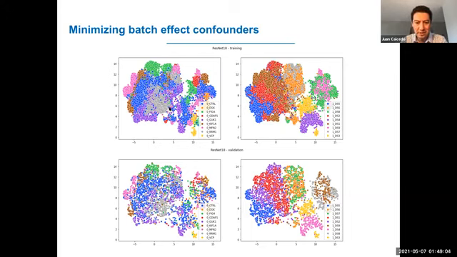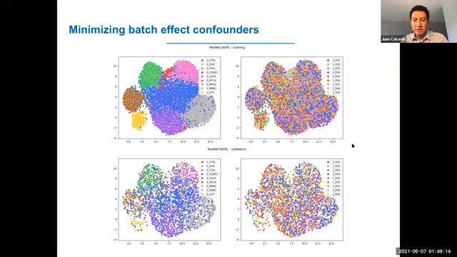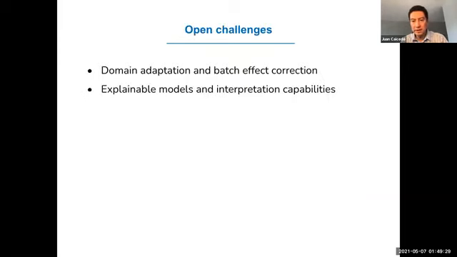So as you can see, it's all mixed up, and we want to separate batches from phenotypes in order to reduce the confounders. Ideally, it should look like this. Batches shouldn't influence any of those groups, and the phenotype should be clearly determined by the network, which is what we get with the gradient reversal layer.